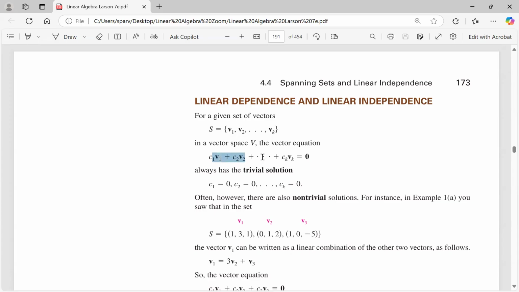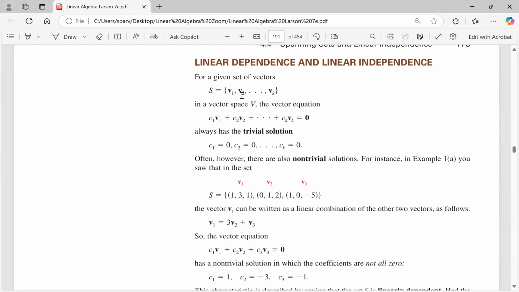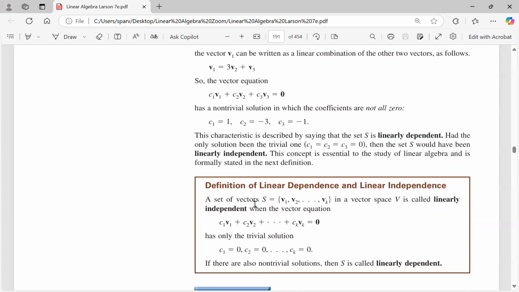So again, trivial solution means the only way the system can be 0 is when every constant, every scalar, is 0. Then in that case, the set S of vectors is linearly independent. And what that means is that you cannot write one vector as a linear combination of the others.